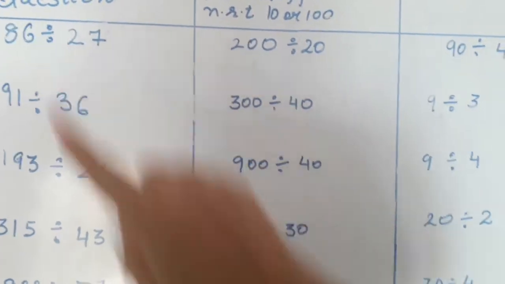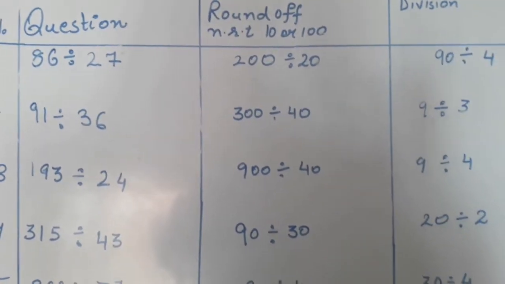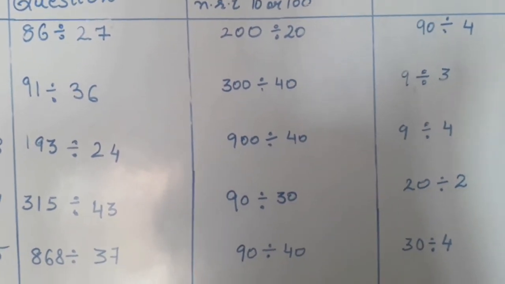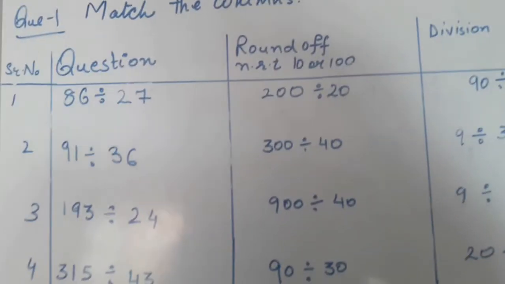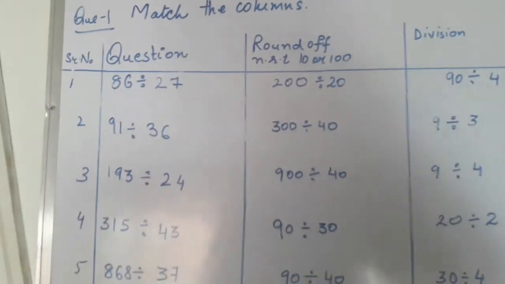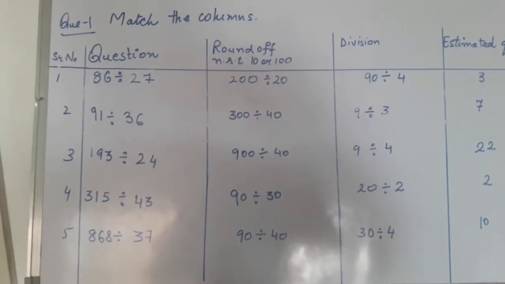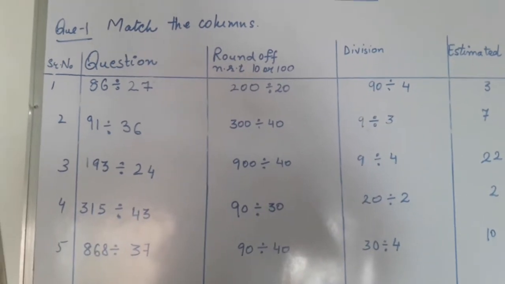The number which divides the dividend is called the divisor. And whatever the answer comes, it is called the quotient, and in the end if some digit is left behind, then it is called the remainder. Okay students.